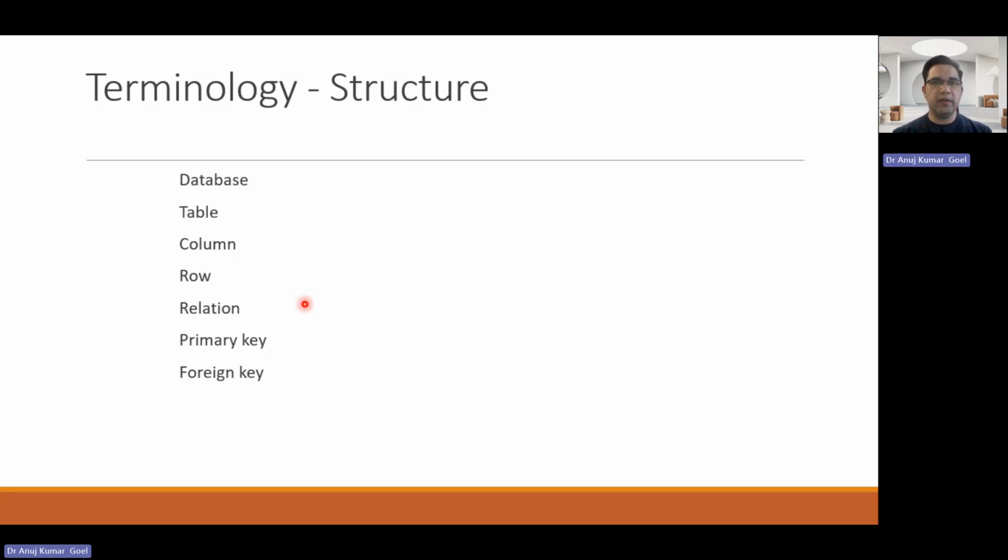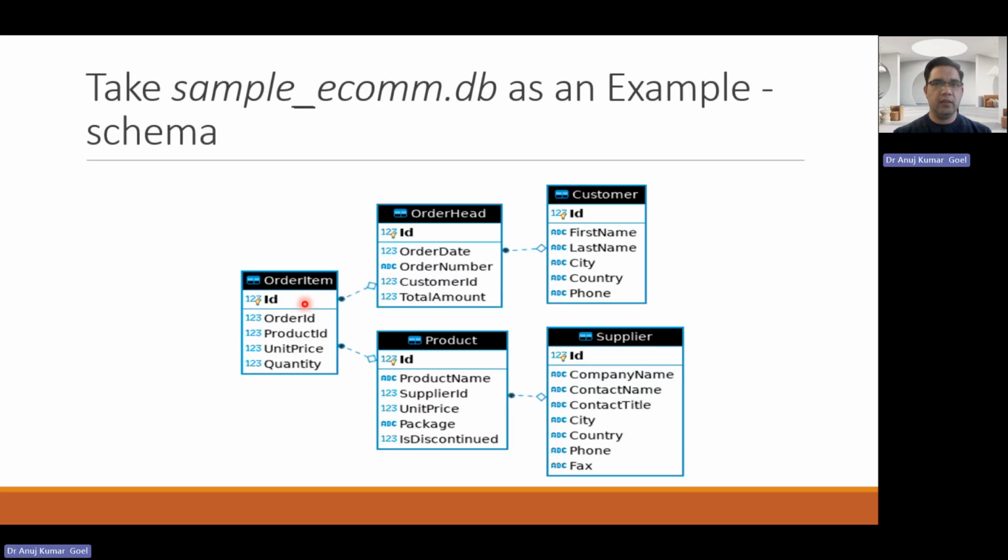Databases are always created in the form of tables with rows and columns, and we have a specific relation with the primary and foreign key. A foreign key is used to jump from one table to another. So it's just a schema for any database.